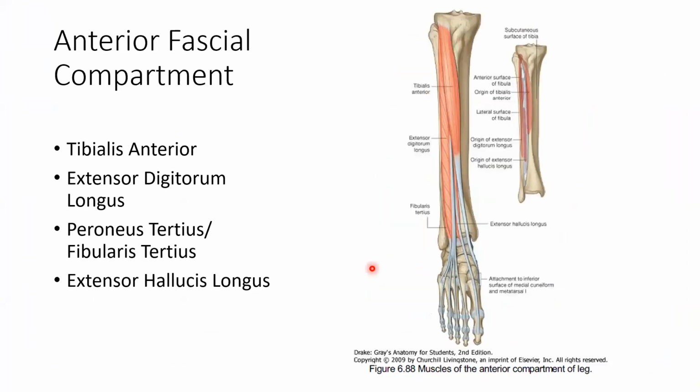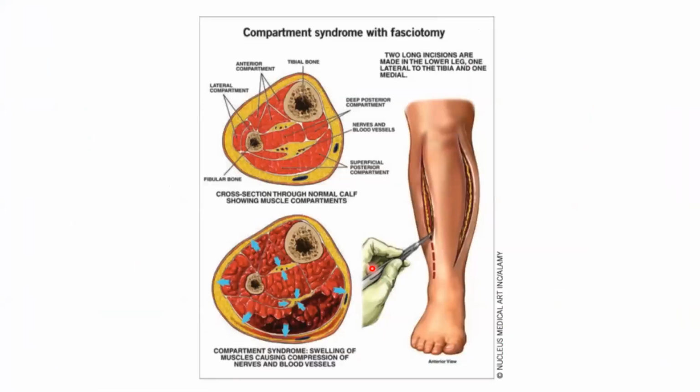So compartment syndrome is something you have to know about. When there's damage, these compartments are closed off spaces. They are sealed off by the deep fascia, the interosseous septum, and the intermuscular septum.